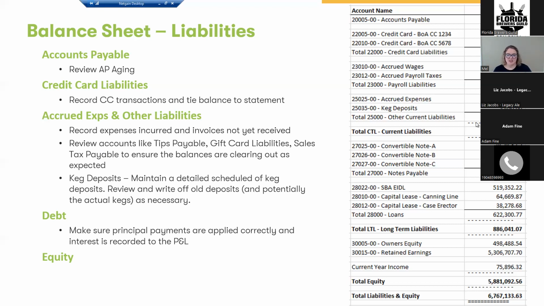And then the biggest one, which is usually not a super material balance, but can just be tricky to track unless you have something like Ecos, is keg deposits. It's nice to have a schedule of keg deposits unless you have something like Ecos that you can just pull and it shows it to you. Because Ecos communicates with your accounting software, it'll automatically take care of that keg deposits account for you.